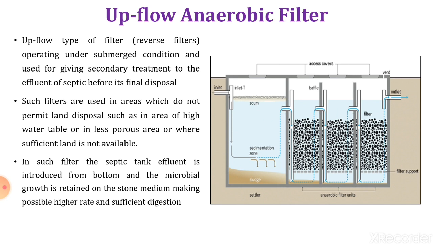The stone media is maintained with the filter support. If you see, the dotted line shows the stone media, whereas the bottom is the filter support. So the stone media is supported on the filter support and the effluent water is entering from the bottom.